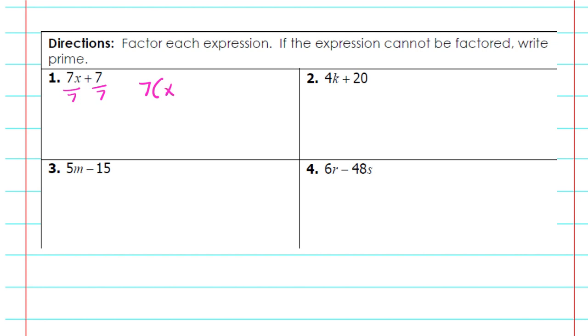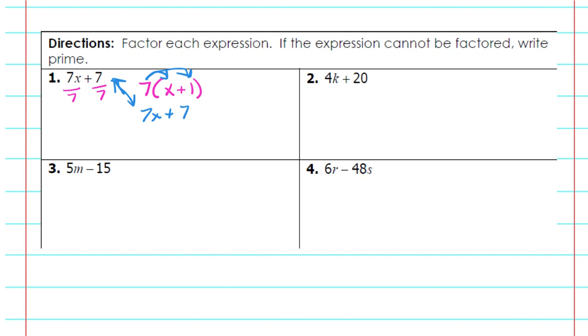And if I divide 7 by 7, I am left with the usually invisible, but there, 1. So now this is that expression factored. To check my work, I can distribute it out: 7 times x is 7x, plus 7 times 1 is 7. Notice how these two are the same. That is a way to work backwards and check your work.